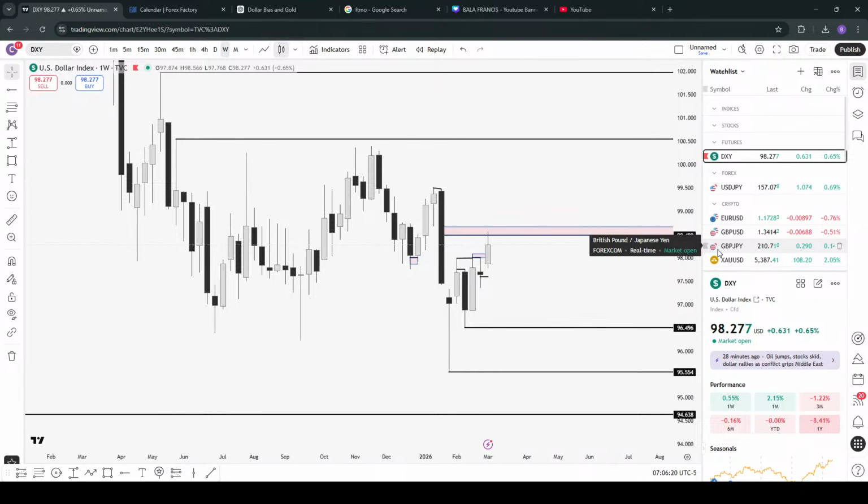That makes it important that you always start your analysis with the dollar index because it's the main driver for the dollar and foreign currency.